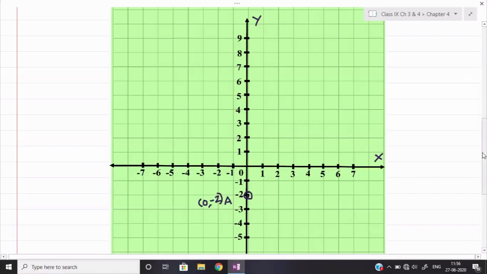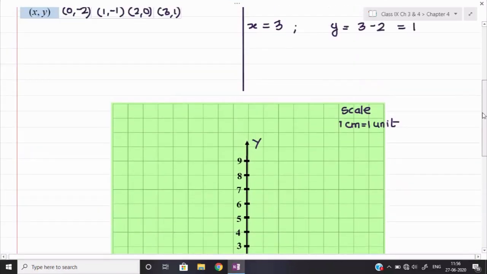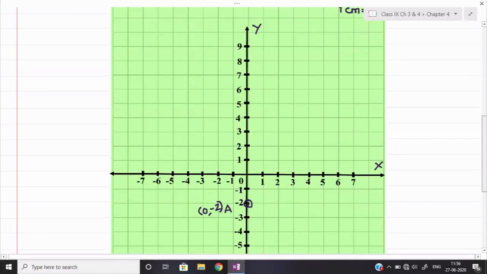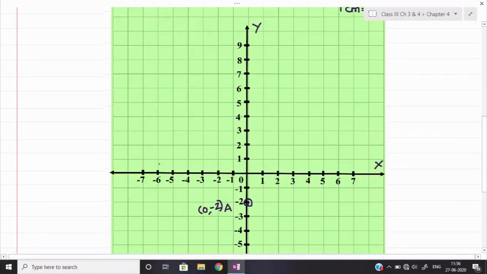Now let us see the second coordinate. The second coordinate is 1 comma minus 1. So x equal to 1 lies here, right? And then I will go to minus 1. So in the downward direction I will go and mark the point here. This point I will say is point B, that is 1 comma minus 1.